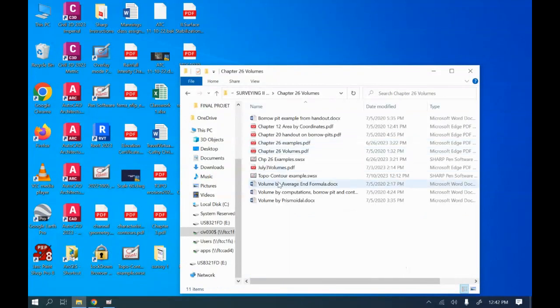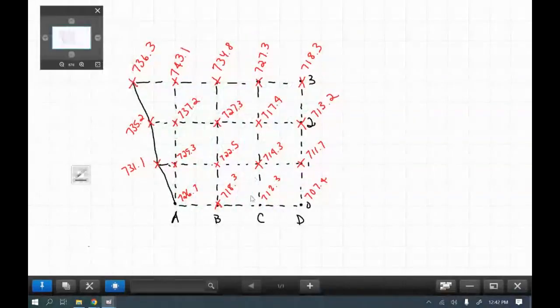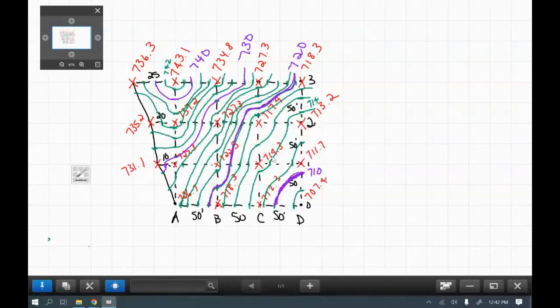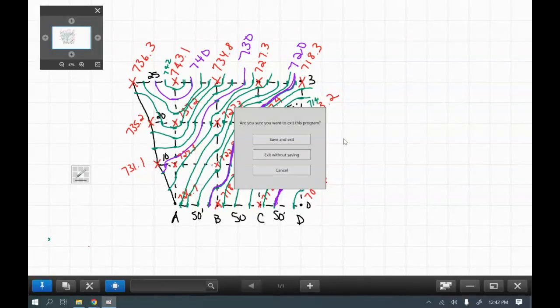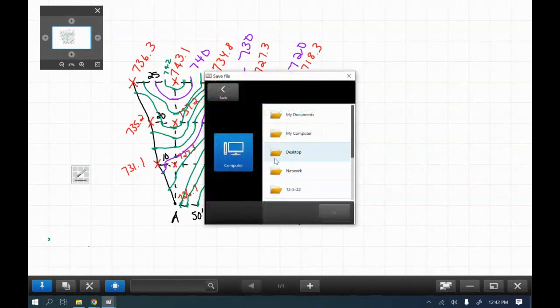Oh, so I do have the original one, good. I'm gonna do this as a PDF now. Or PDFs.